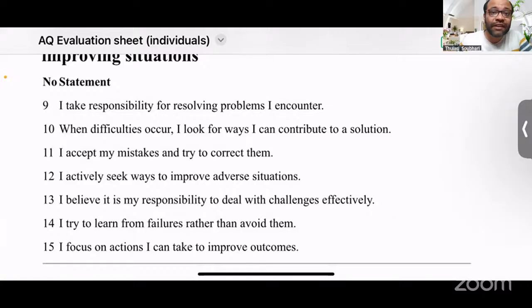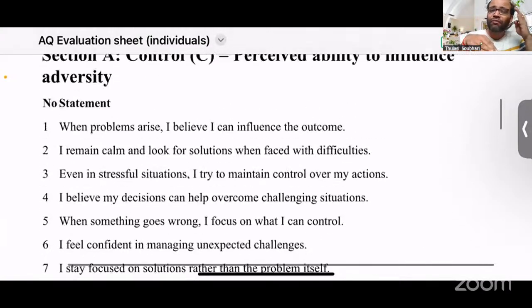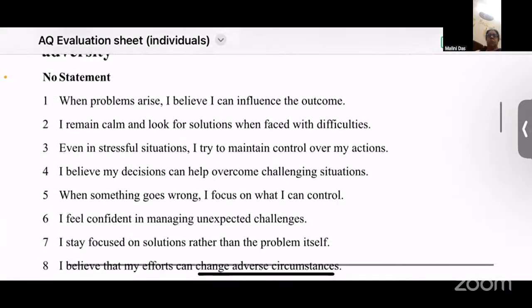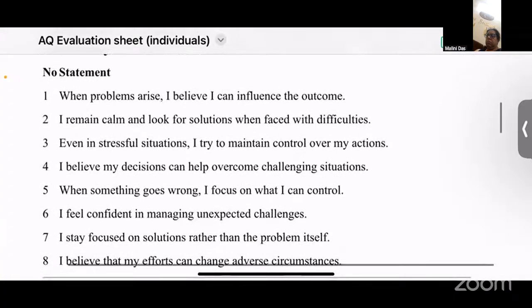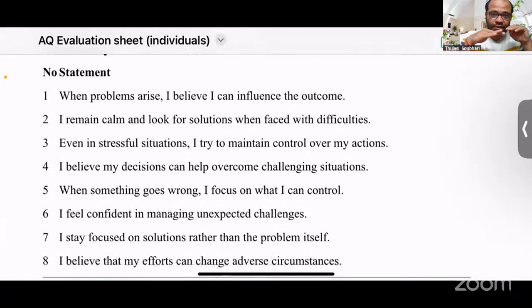If you have 75 to 80, it's good. If you have 80 and above, it is dangerous. Because if any one out of the four dimensions is very high, then that becomes difficult. So you have to be moderating it. All the four dimensions should be moderated.